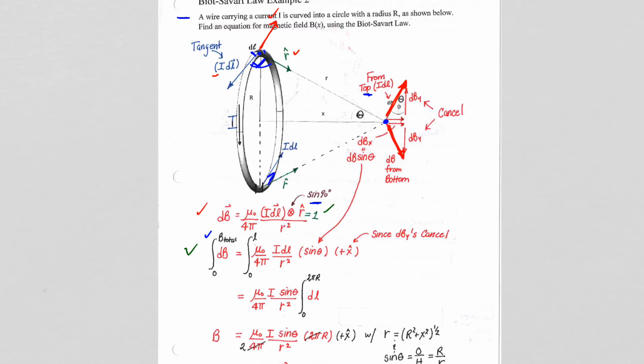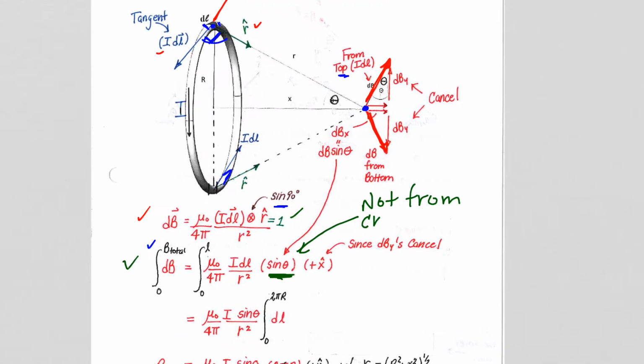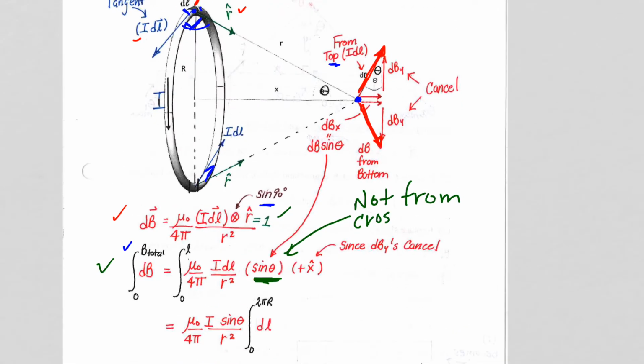So we have the introduction of the sine theta. This is important for you to note that this sine theta does not come from the cross product. So please add to your notes here: not from cross product.